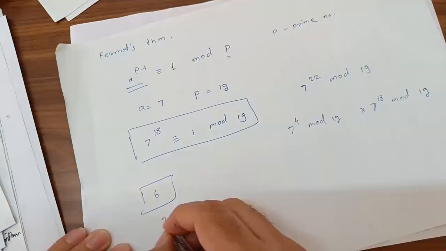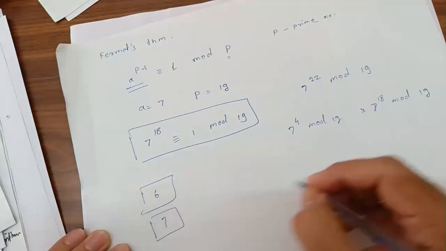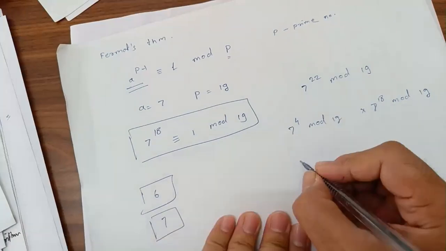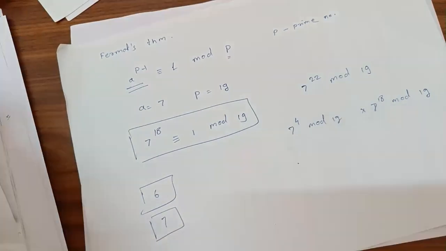Okay, there are more answers. Okay, what is 7 raised to 4? 2401.